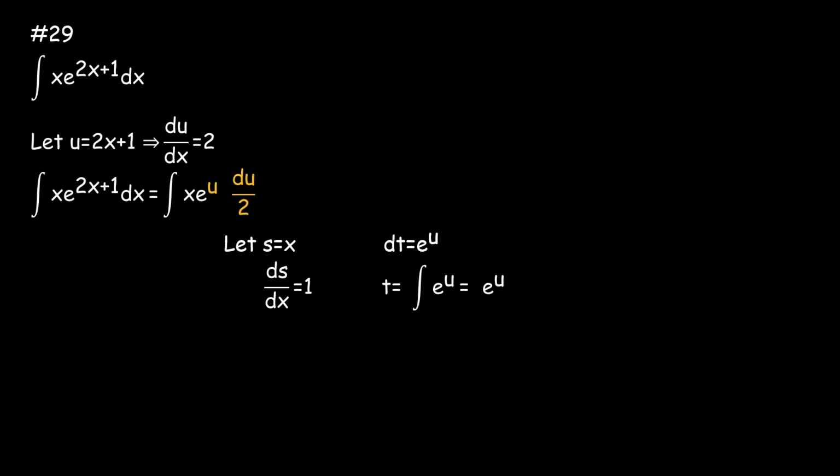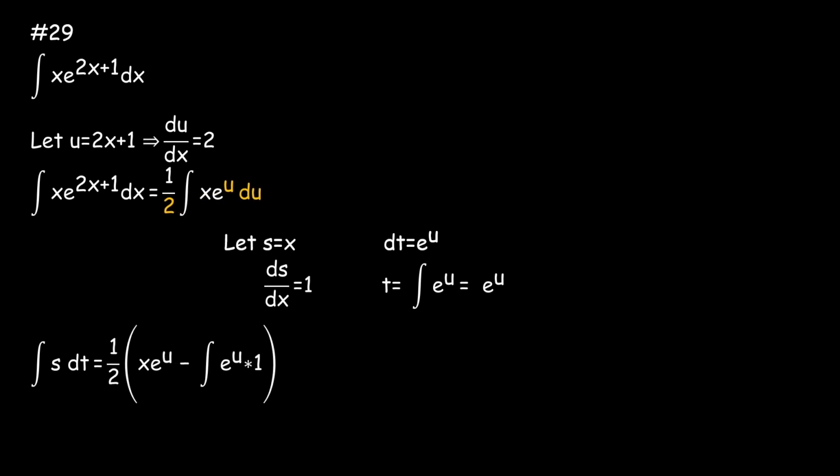Now substituting into the formula for integration by parts, this would be st minus the integral of t times ds over dx. Substituting each of those values, we'll have half times x e to the power u minus the integral of e to the power u, which is still e to the power u.